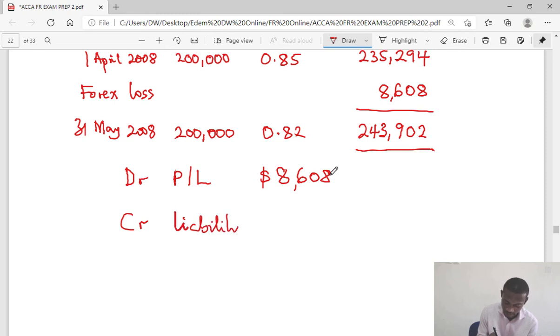So the liability, 8,608, would increase the value.